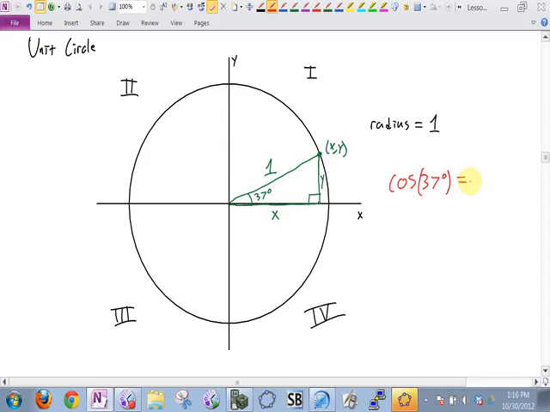Cosine is adjacent over hypotenuse. So what is that? X over 1. Well, what's anything divided by 1? So it turns out the x, which by the way is the x-coordinate of this point, is the cosine of the angle 37 degrees.